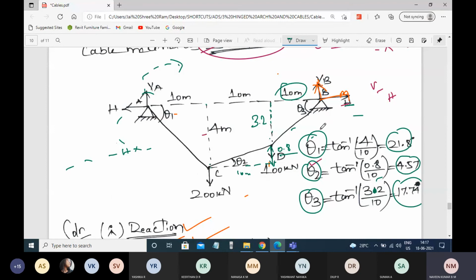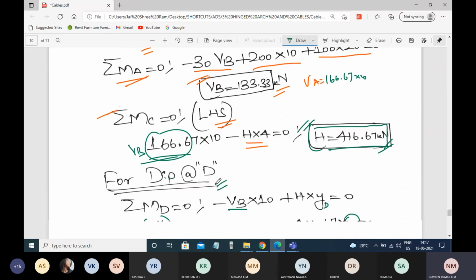Then why do you require theta 1, theta 2, theta 3? In order to find the forces in the cable, the tension in the cable segment. These thetas are required. Now we got the reactions.